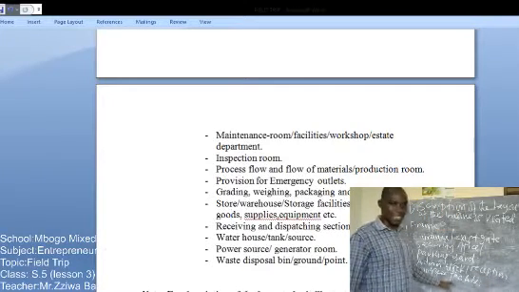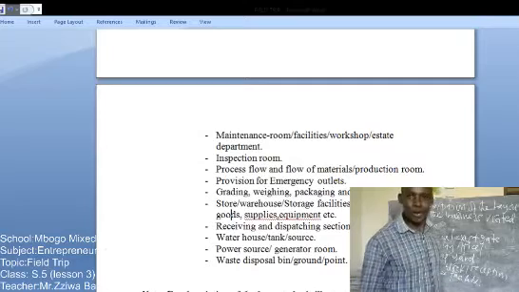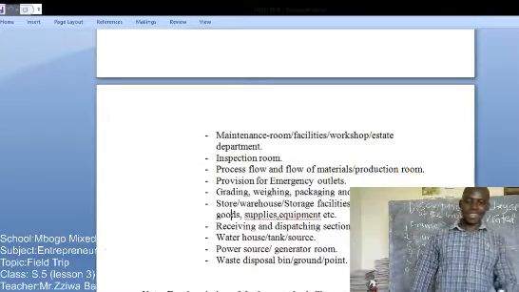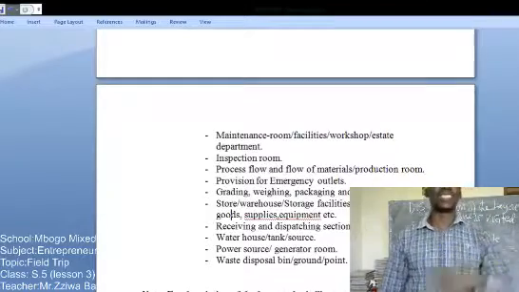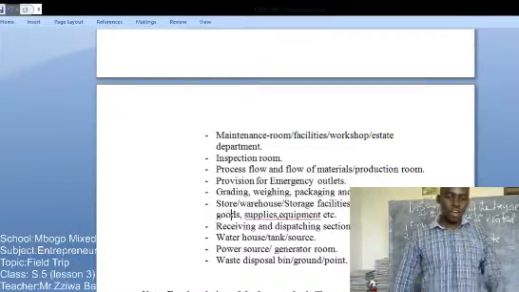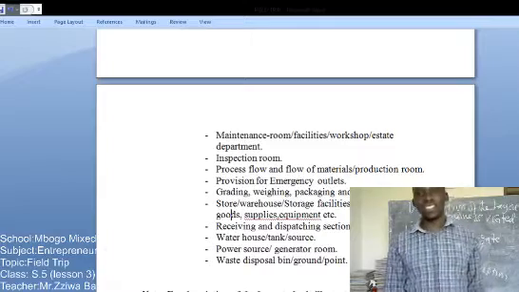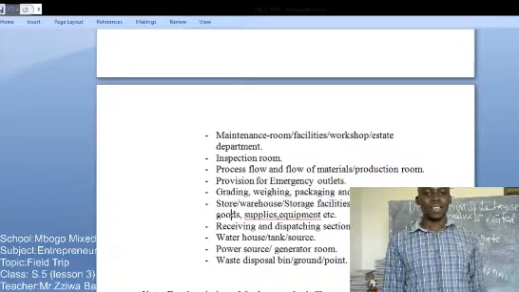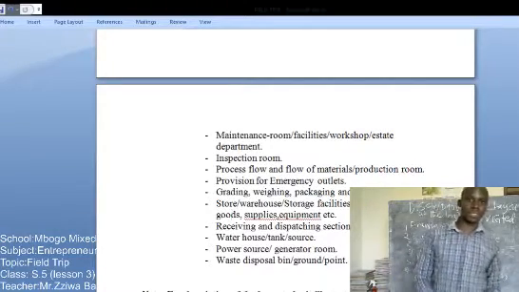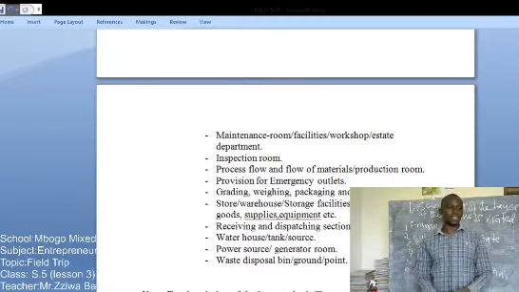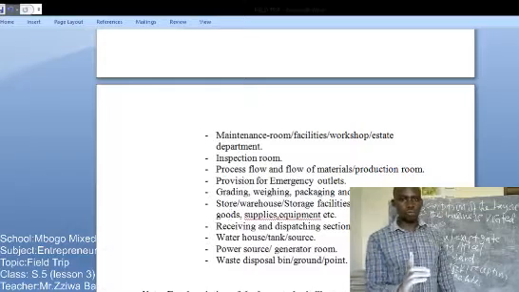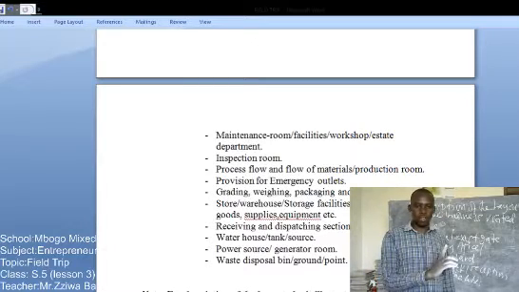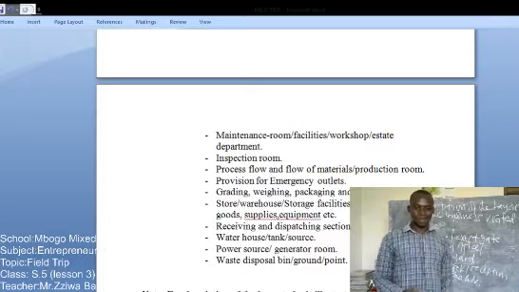Employee facilities. This one is very broad. This is where we even get things to do with the places of convenience or toilets, or where employees normally change, keep their belongings and others. Could be it is a toilet together with a store. So that is one key issue to note as far as the layout is concerned.